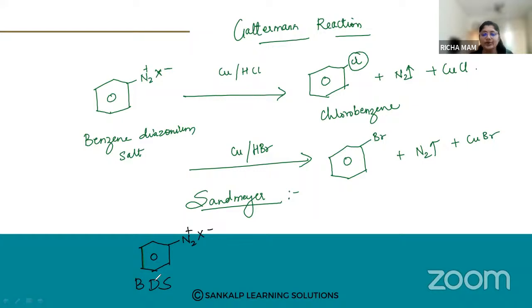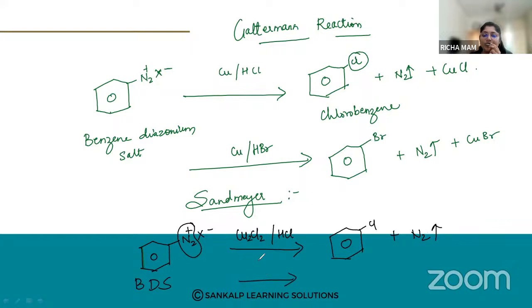Now if I want to introduce Cl-, I have to take Cu2Cl2 in the presence of HCl. What I am going to get? I am going to get Ar-Cl plus N2. Here our diazo group is converted into nitrogen gas.